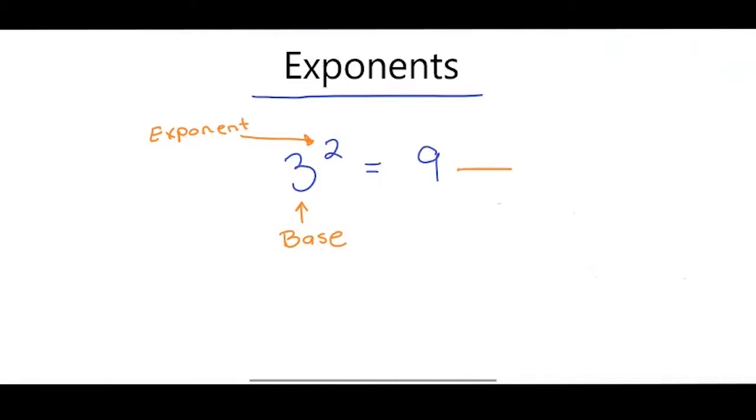And the 9 here, the answer, we call that the power. So the big number is the base. The little number up in the corner is the exponent. And the answer is called the power.